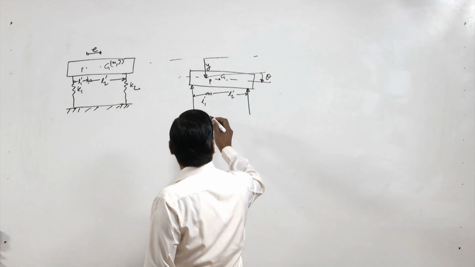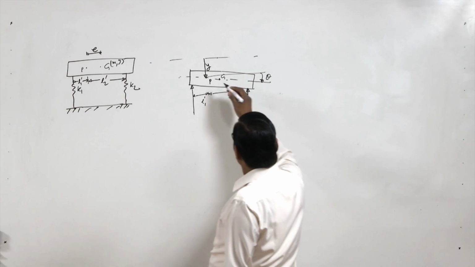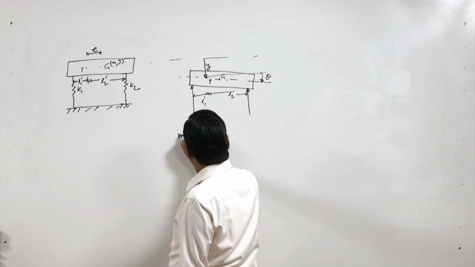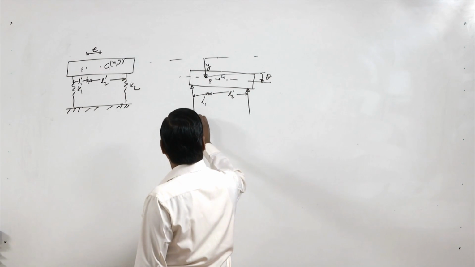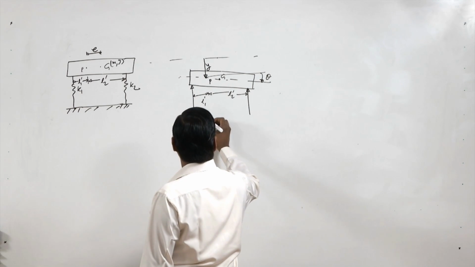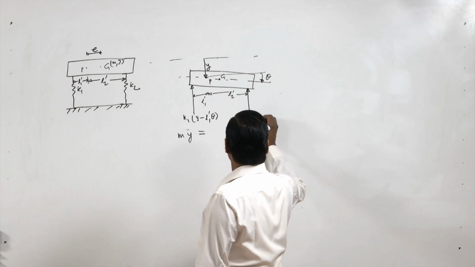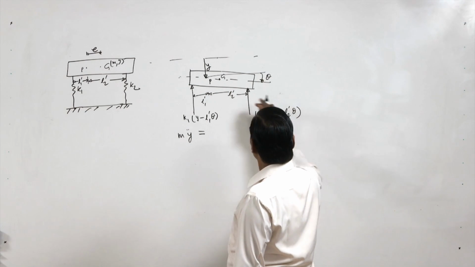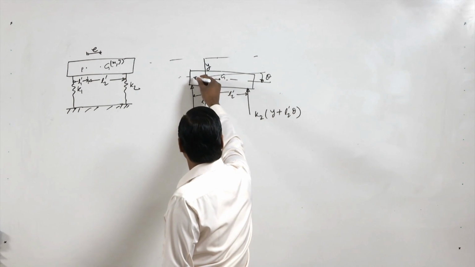So we can write, now we should understand that when we take it here, now we write the equation of motion. So m y double dot equal to, here it is k1 (y minus L1' theta), and here it is k2 (y plus L2' theta).